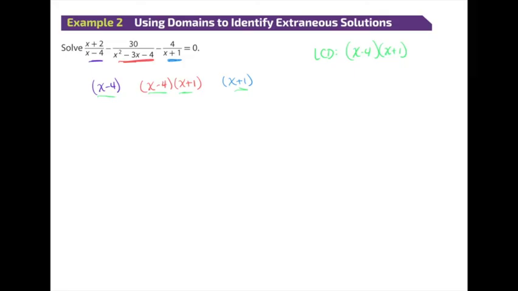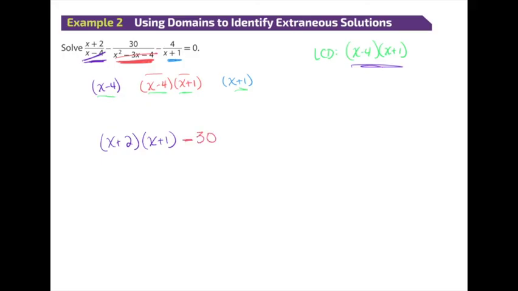Well, if I take this one here and multiply it by my common denominator, the x minus 4 will cancel. So my x plus 2 will be multiplied by just the x plus 1 because I canceled out that piece, right? Minus, what cancels for this one? Well, all of it. This denominator has all the pieces. So the whole denominator will cancel, and I'm going to be left with just that 30 on top.